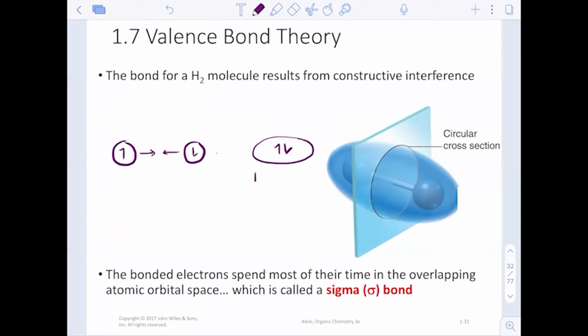Direct overlap was the key word, and that is what we called a sigma bond. We abbreviated it with sigma as well. Now, when the orbitals directly overlap each other, head-on overlap, that is the strongest type of bond. We'll talk about parallel overlap in just a little bit, the pi bond, once we get there.